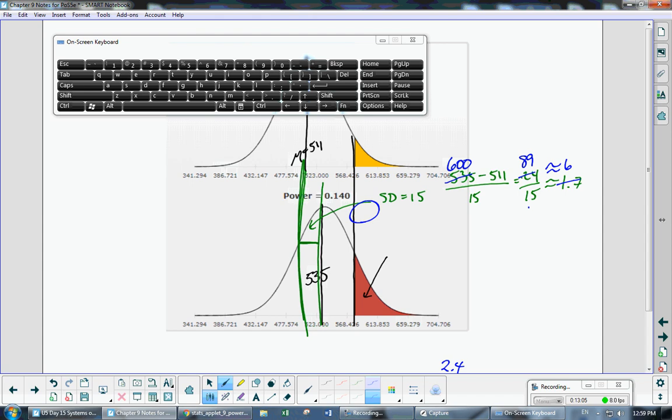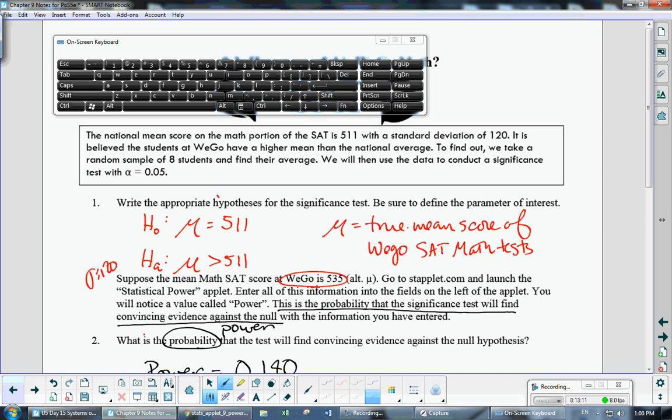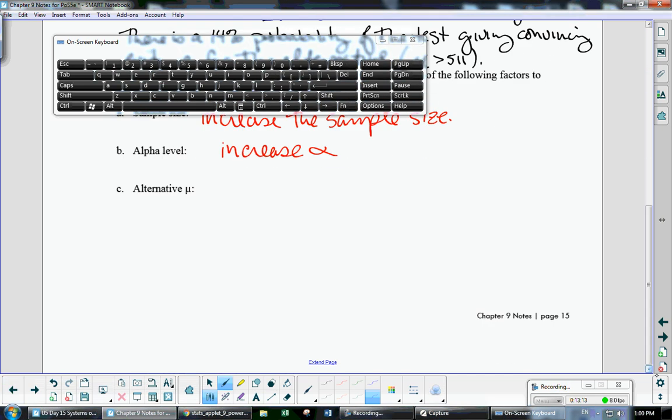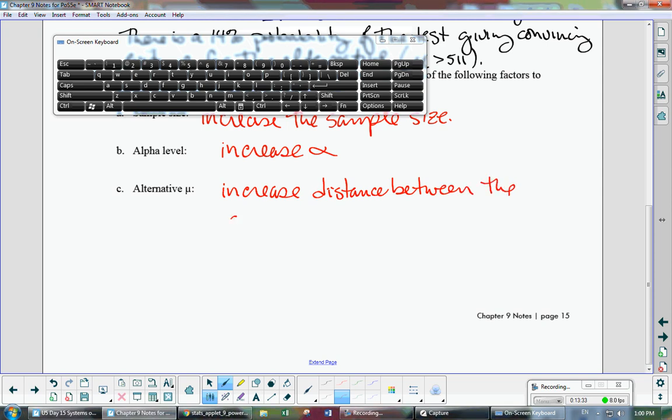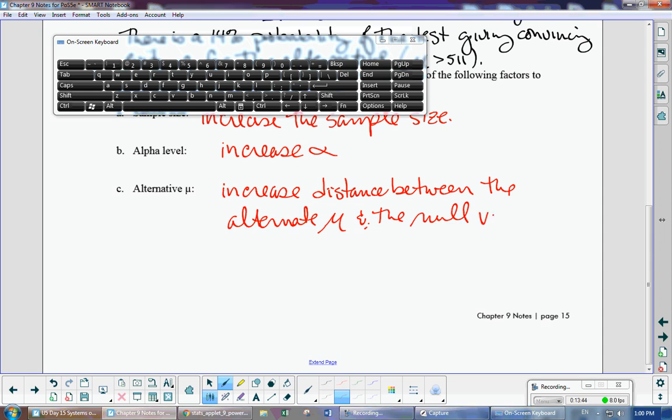And it's not so much increasing necessarily the mean. The important part here is going to be the alternative. So while you could increase the alternative mu value, we can increase the distance between the alternate mu, so the alternate mean, and the null hypothesis value.